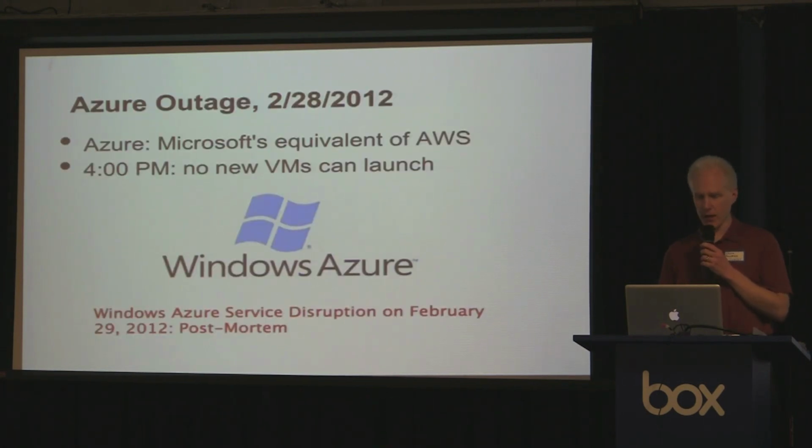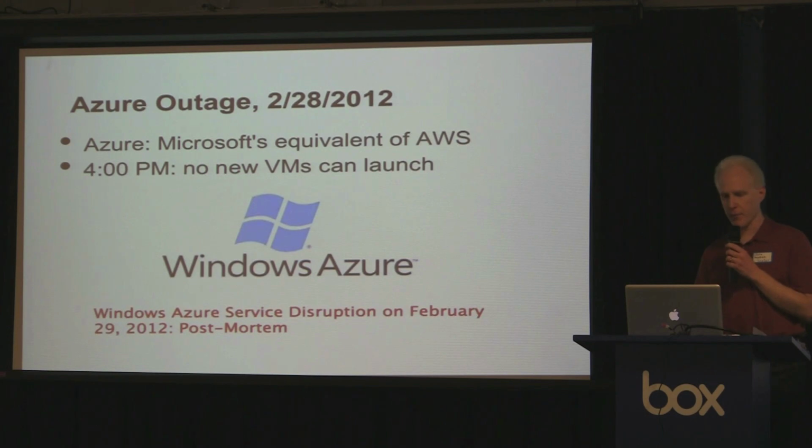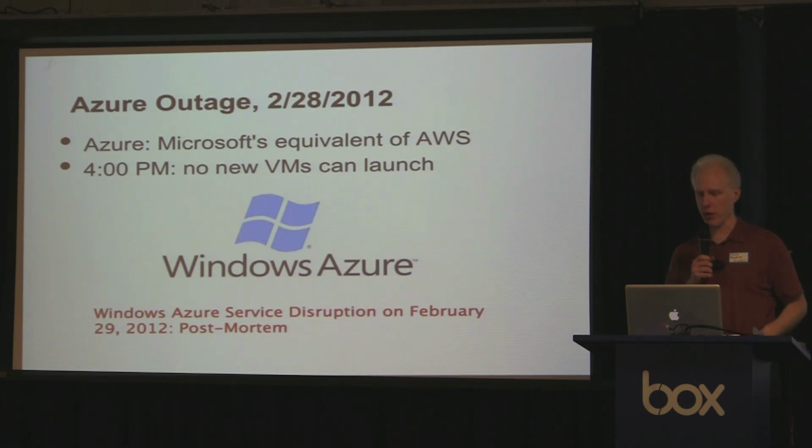So I'm going to dive right in with a case study. Some of you may have heard of Microsoft's Azure service. This is their equivalent of Amazon Web Services. It's basically a Windows-based cloud hosting service. It's a very large, sophisticated service. They have data centers all over the globe. At 4 p.m. on February 28th of this year, which was the moment when Greenwich Mean Time rolled over to Leap Day, a date handling bug triggered in the Azure code.